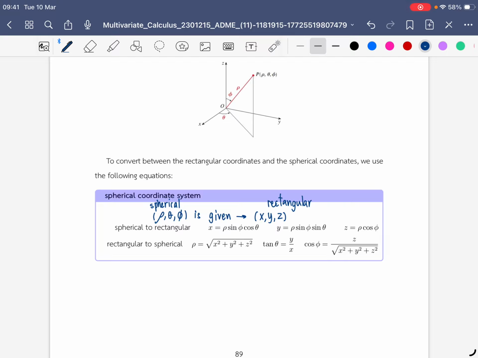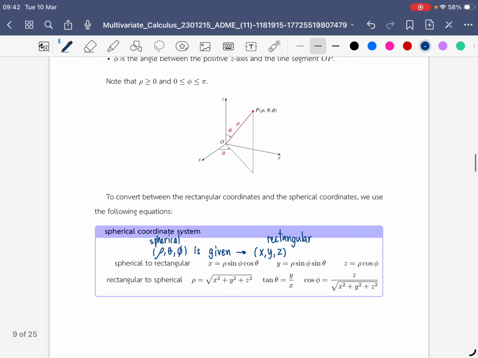You can do likewise for x and y, but you have to do it 2 times. You have to project down first, and then you use trigonometry for x and y on the floor in order to derive x and y as such.